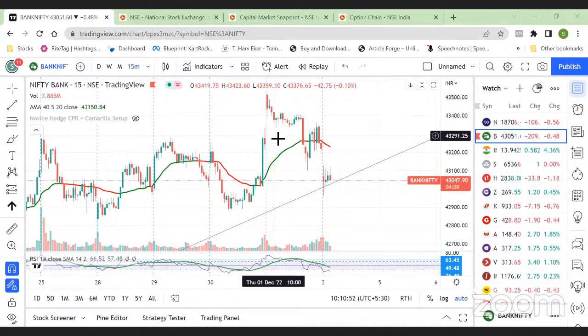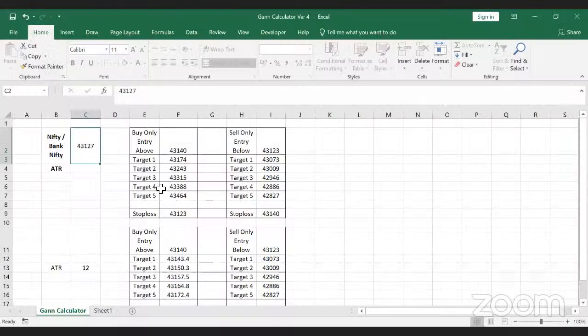See, currently this is 43,423. Okay, it is possible to get this first target or second target.